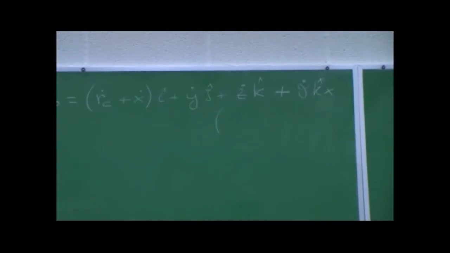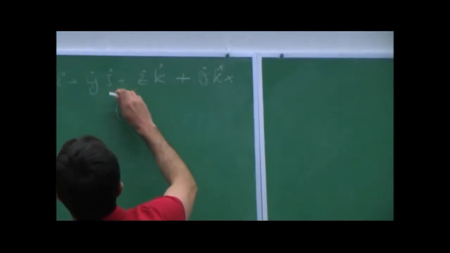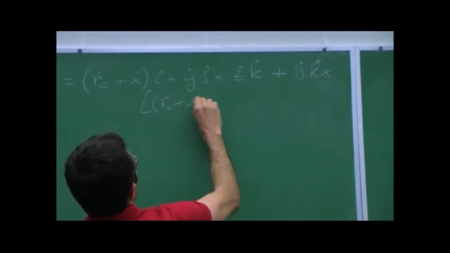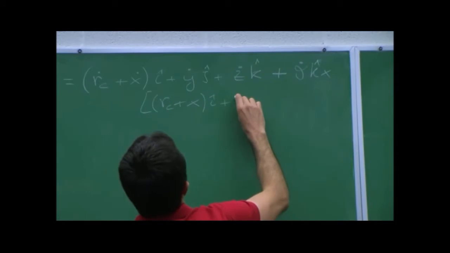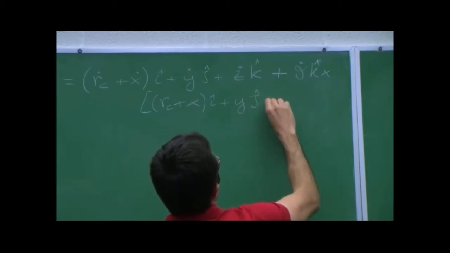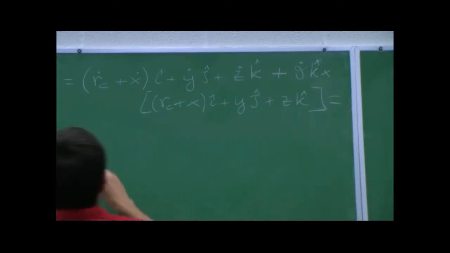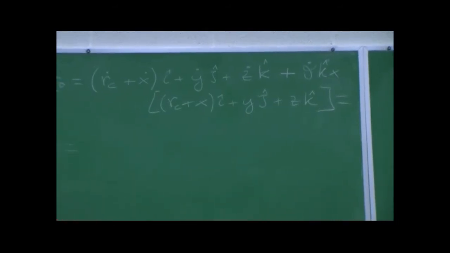What is it crossing? Well, RD again, right? So that entire vector, RC plus x I plus y J plus z K. Okay. All right.